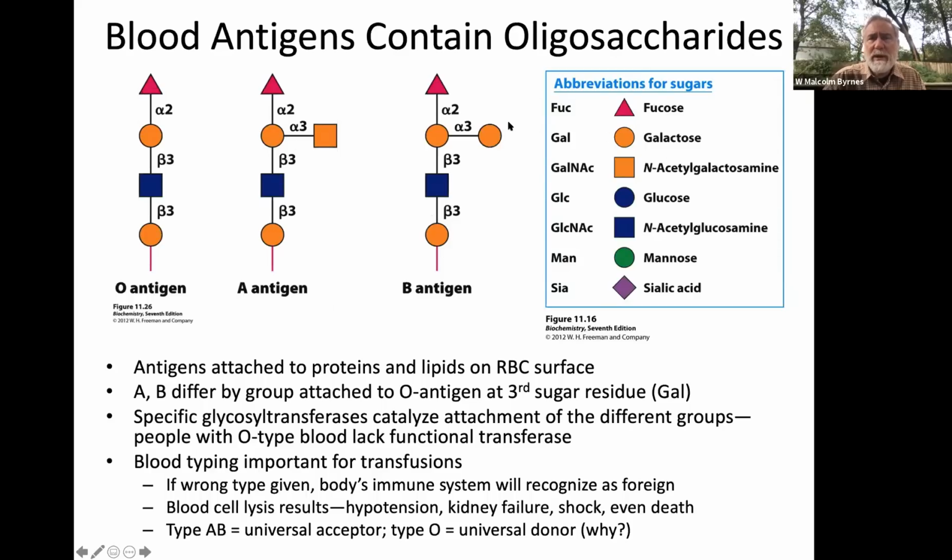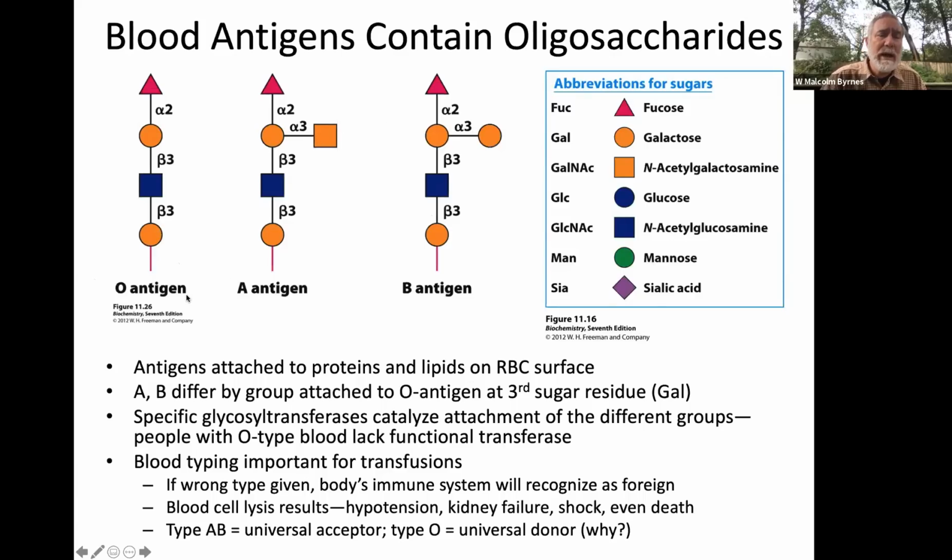Now, what you notice is that O is kind of like a foundation structure, and A and B are variations of that, where you have in A, right, an N-acetylgalactosamine attached through an alpha-1,3 linkage to a galactose, that galactose in the third position, right? But in the B antigen, we have a galactose attached. So there are going to be different so-called glycosyltransferase enzymes in people with different blood types that attach either an N-acetylgalactosamine or galactose at that position. So slightly different galactosyltransferase enzymes.